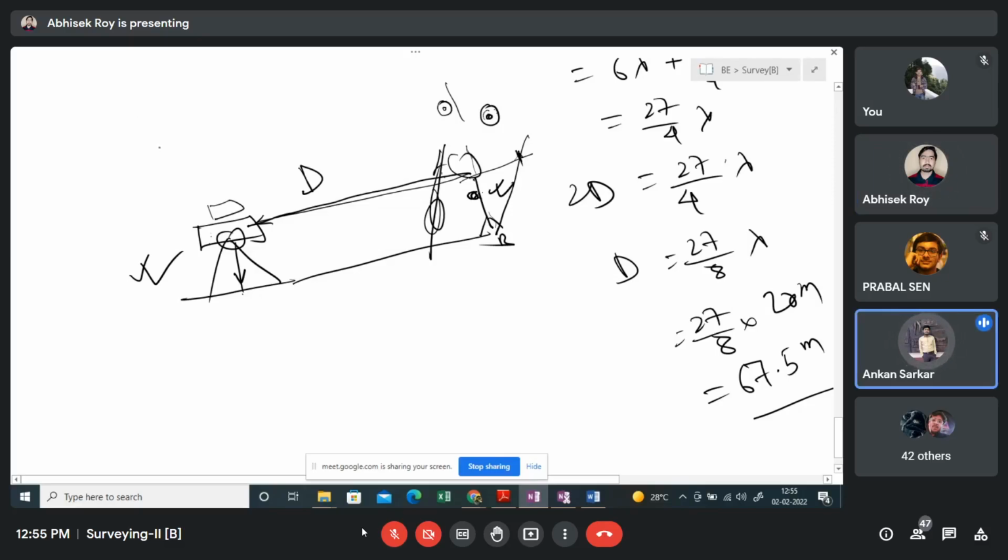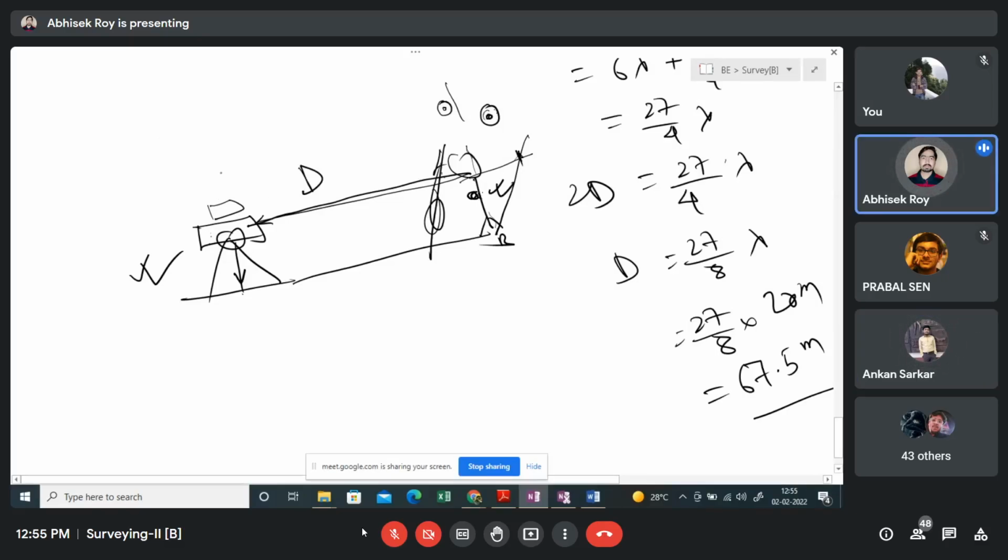Actually, sir, when we are doing 2D, we are assuming the distance is greater so that we get the right result, right? Right. So in case of a smaller distance, 2D will also be less, right?